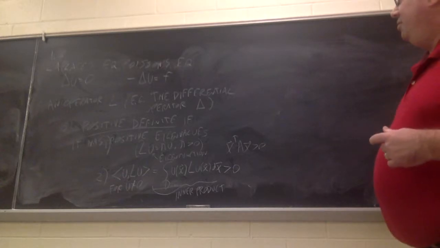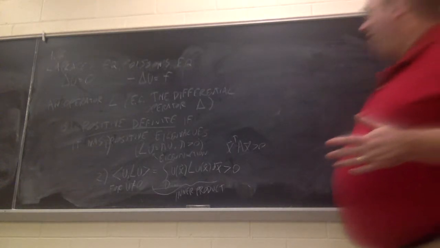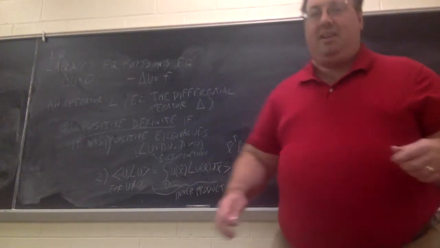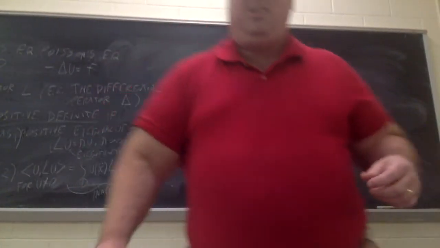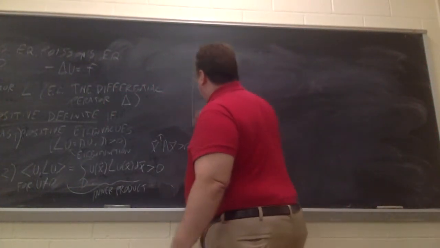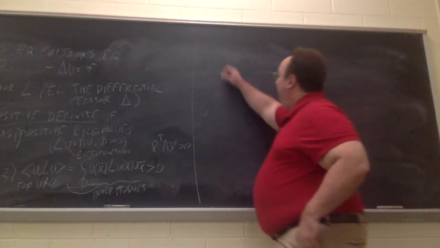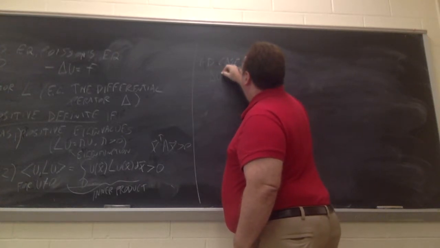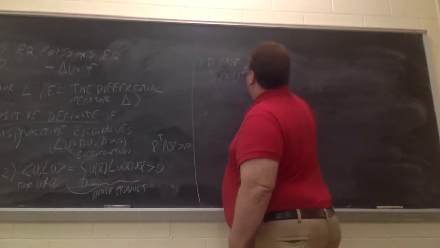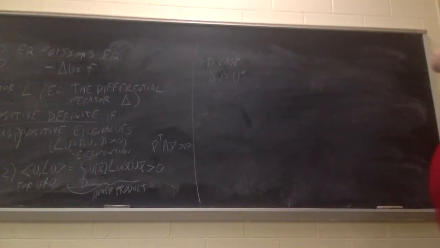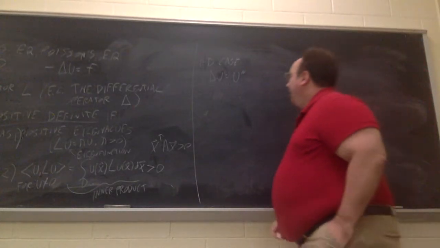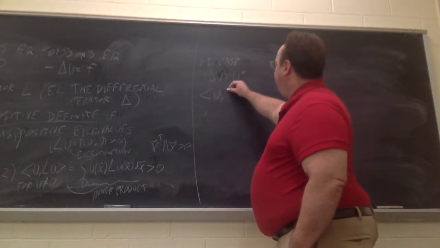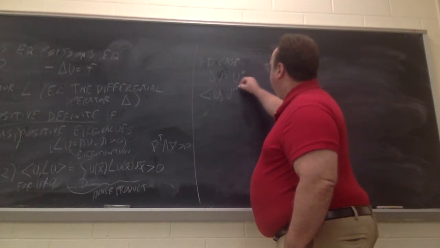And I'm going to show you in a one-dimensional case why we have a minus. And yes, it's a terrible digression on my part, but you get little tidbits from it that can help you. In the 1D case, the Laplacian operator is simply u double prime. So I'm going to look at the inner product of u with u double prime.